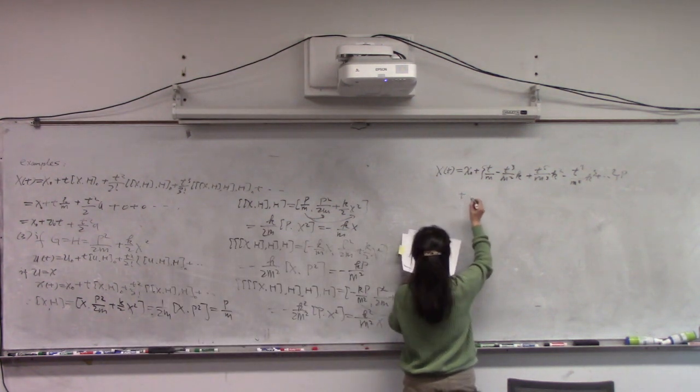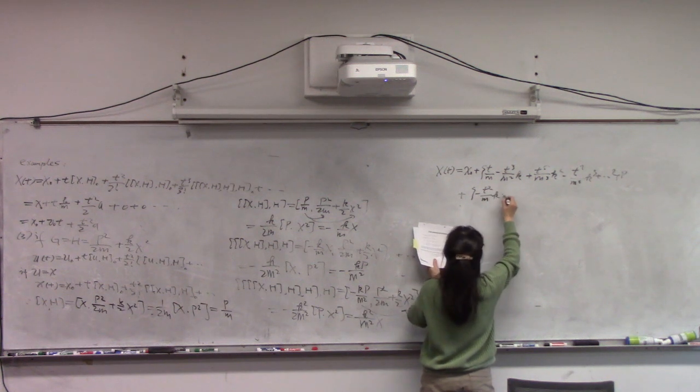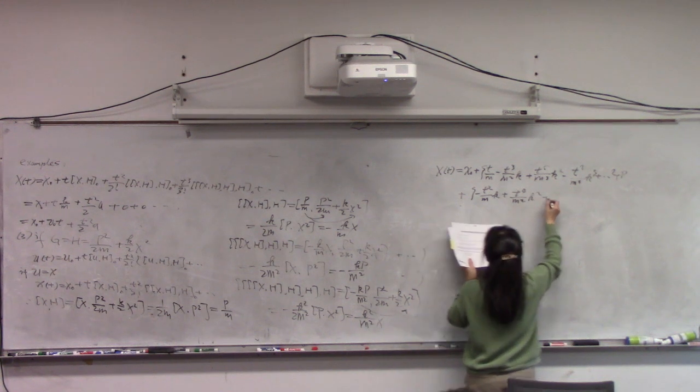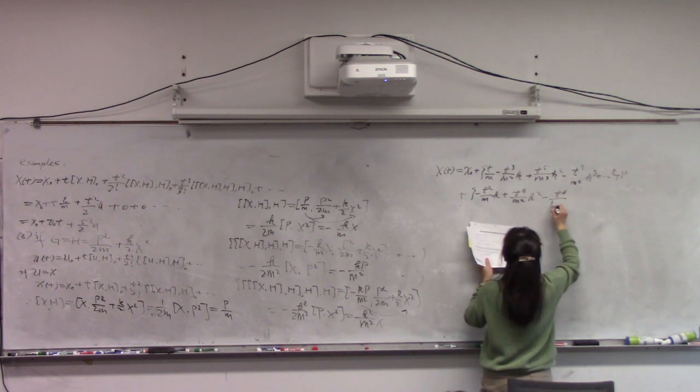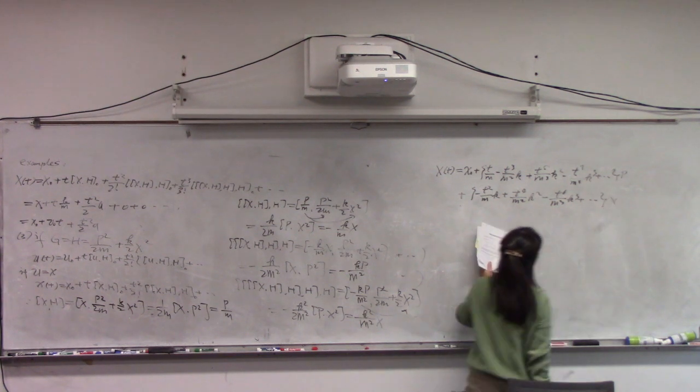Then plus minus t squared over m k plus t to the fourth power over m squared k squared minus t to the sixth power over m cubed k cubed, and x.